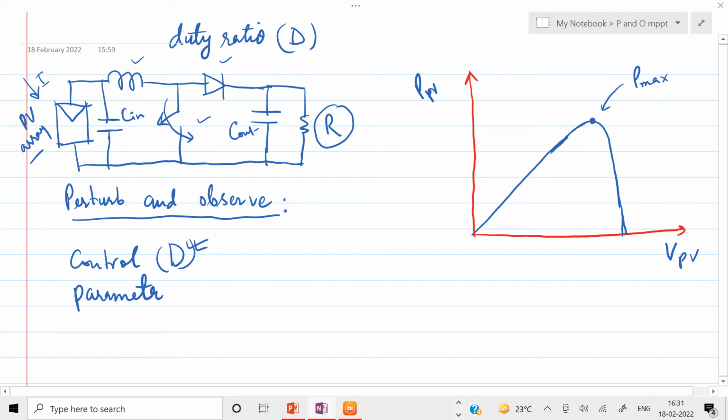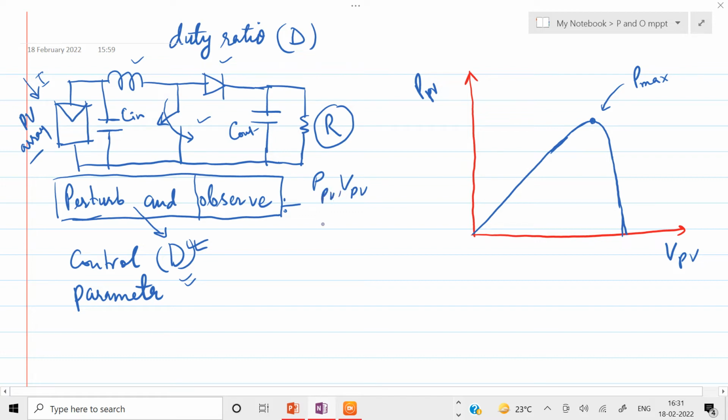But what is the philosophy behind this perturb and observe? By perturb, I mean I will be changing this D, and observing what is happening to the output voltage and output power of the panel.